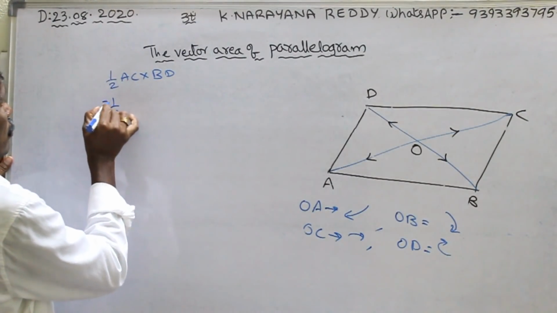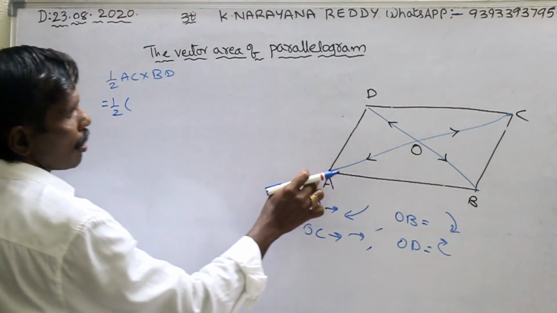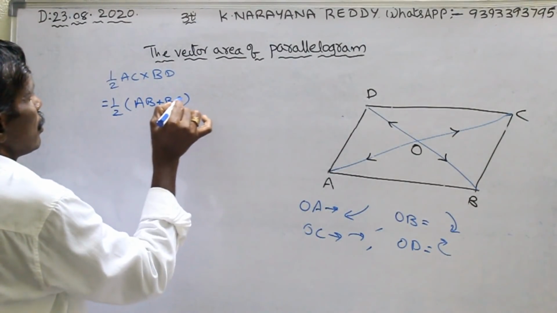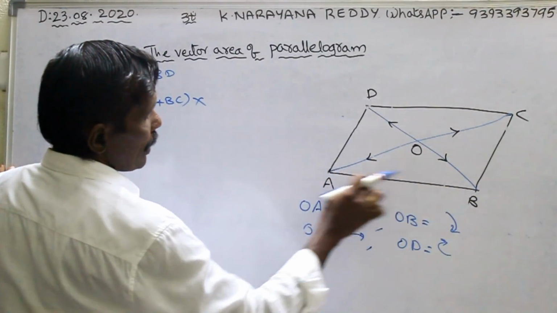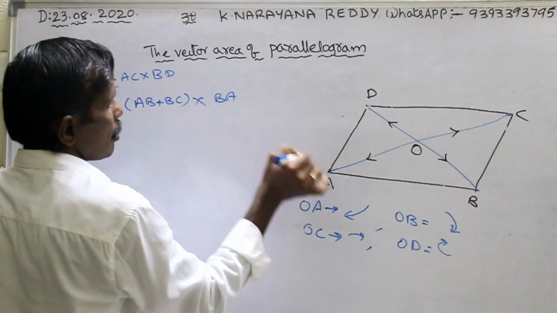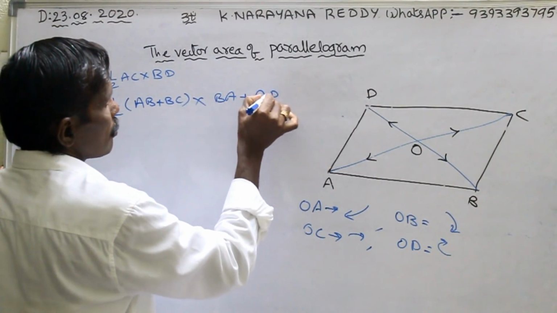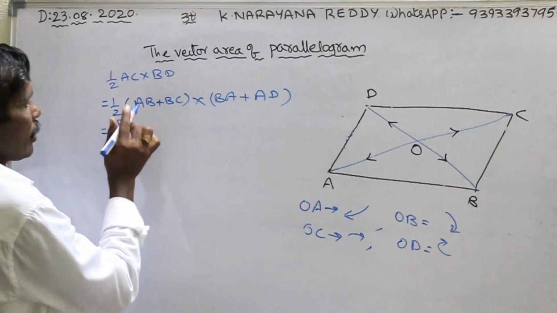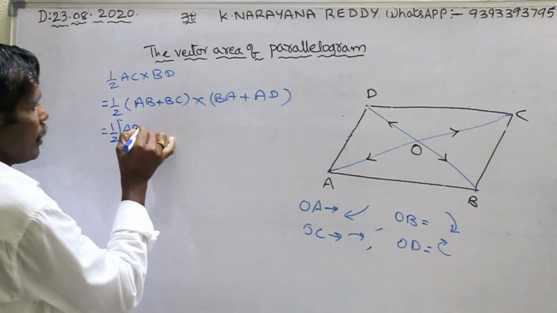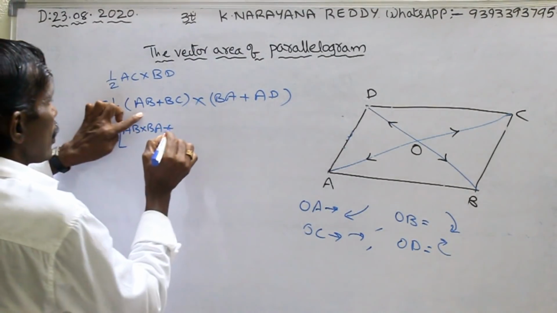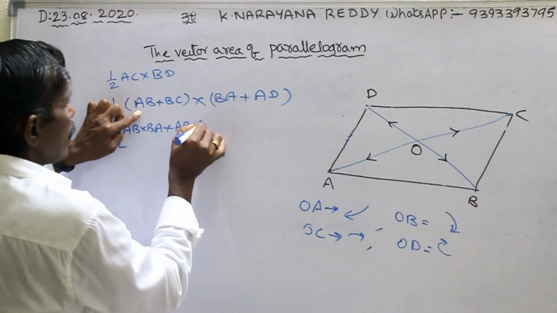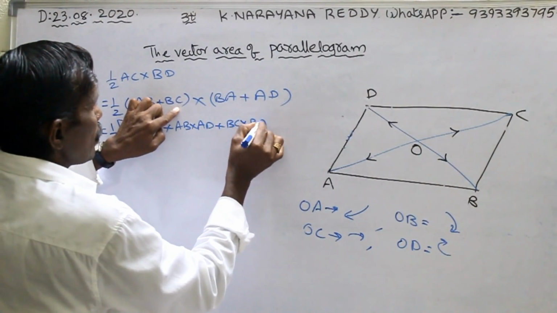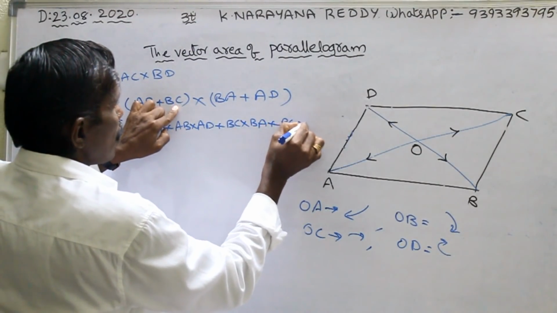Of AC cross BD, AC means AB plus BC, cross BD, which is BA plus AD. Now half of AB cross BA plus AB cross AD plus BC cross BA plus BC cross AD.